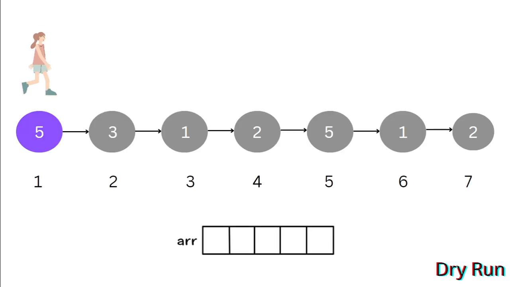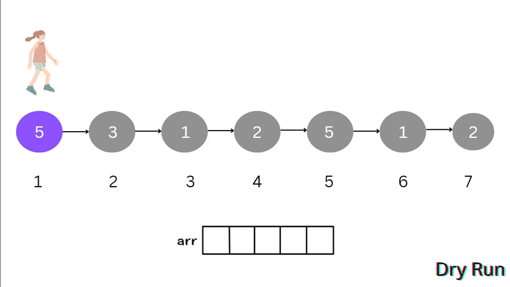So this is my dry run part. Consider there is a linked list, along with the indexes, and an array where I'm going to store the critical point indexes. Currently we are standing at the first index. As the question mentioned, the first and the last element don't have neighbors; on one side a neighbor is missing.